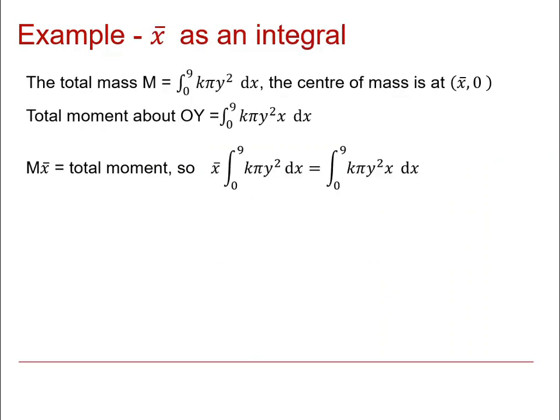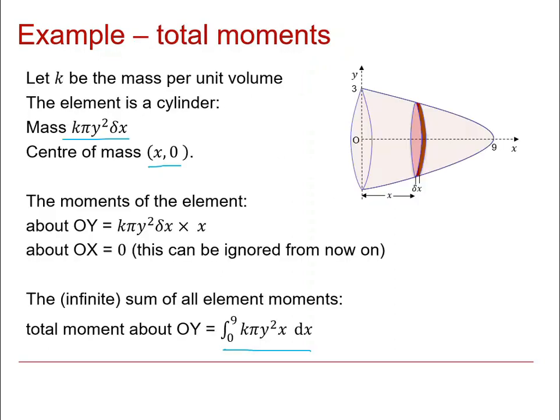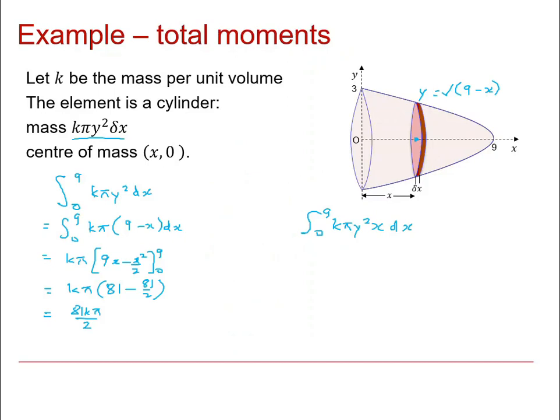So the usual thing is that we've worked out both these integrals, but we're making essentially that equation, so it will be x bar times the answer we got to start with, which if we go back a couple of slides is 81 k pi over 2.